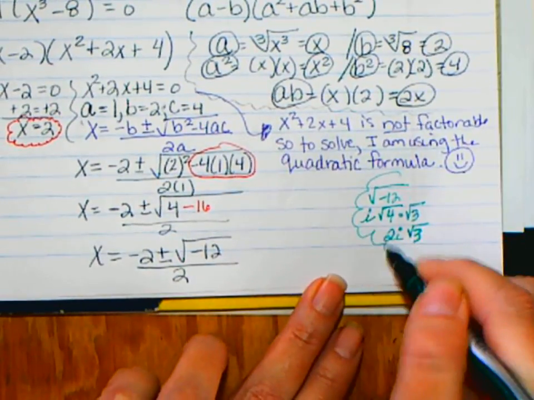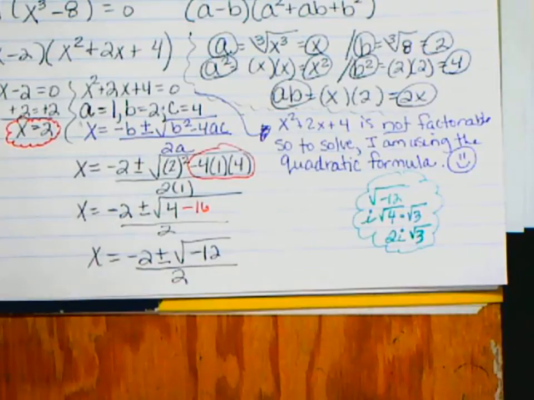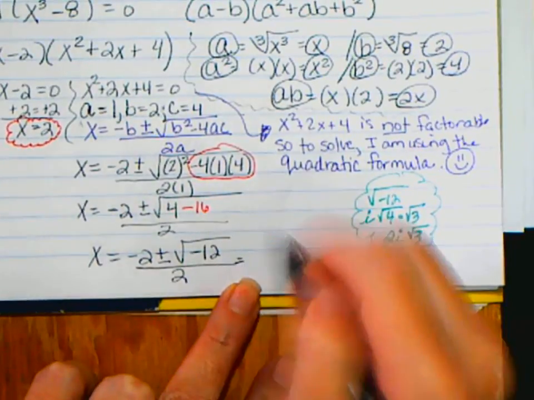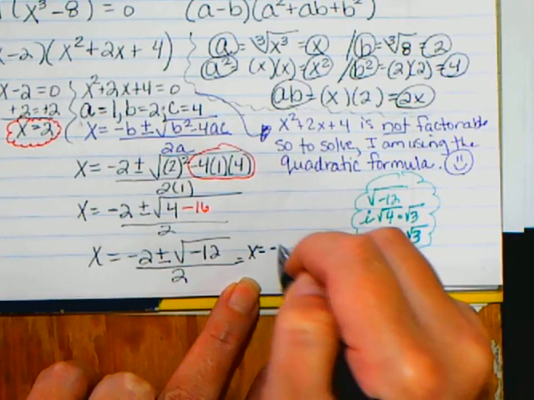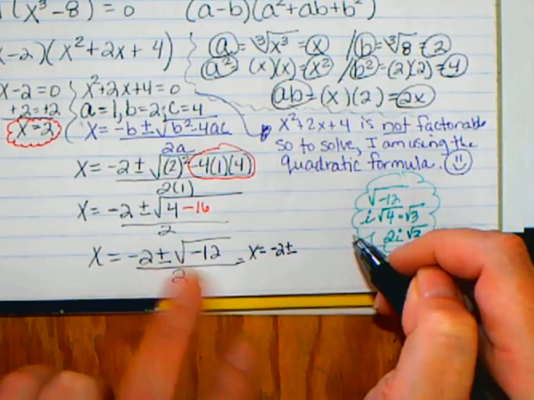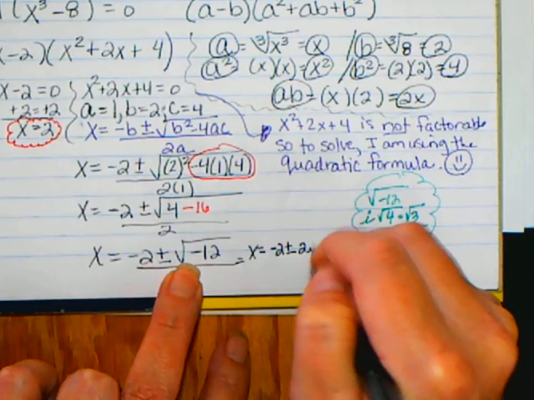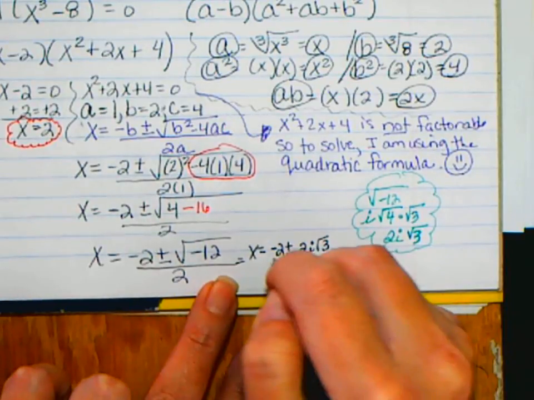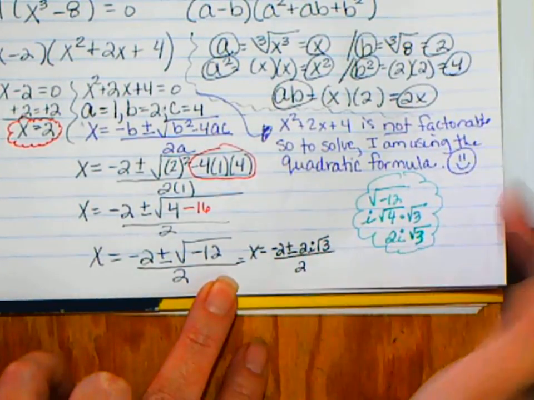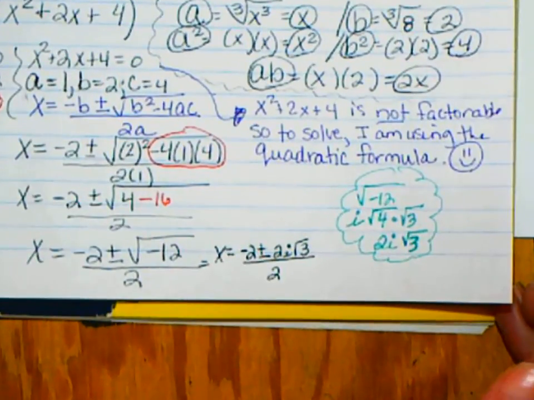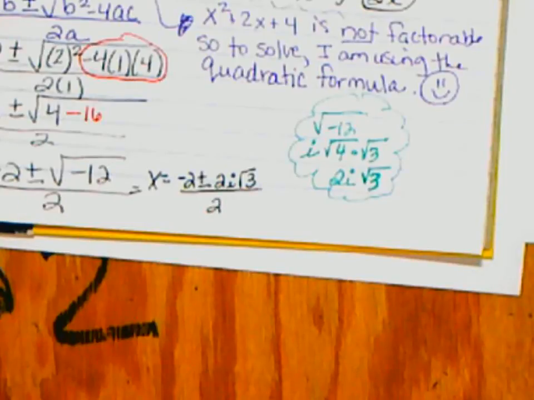Is there anything else I can do to simplify square root of negative 12? No. Okay, so over here, that's x equals negative 2 plus or minus, instead of square root of negative 12, I'll write 2i square root of 3, all over 2. Can I reduce that?